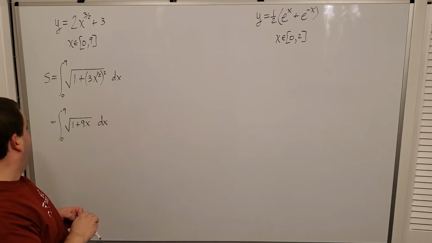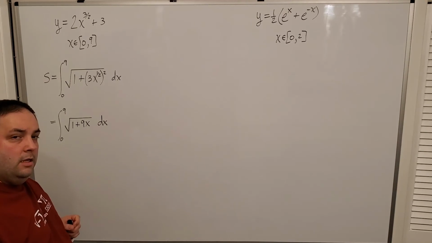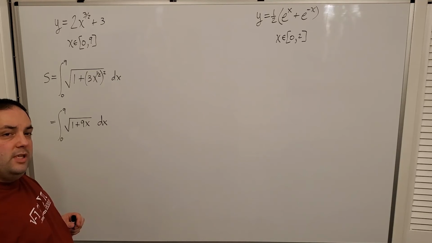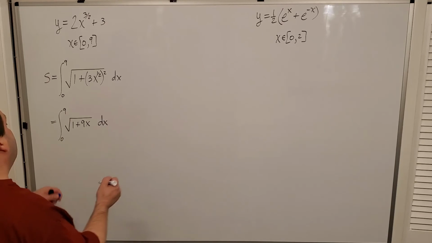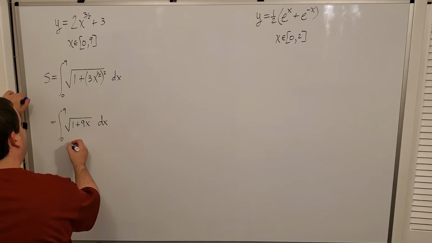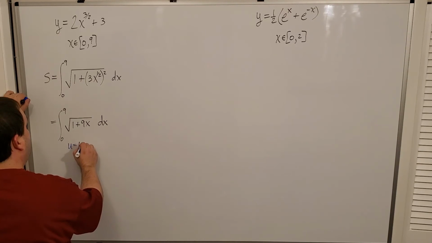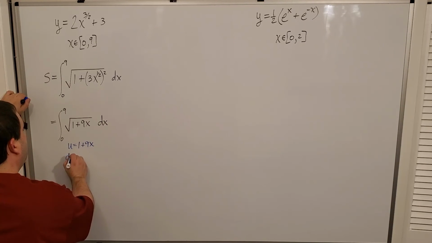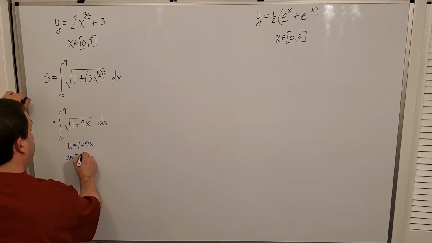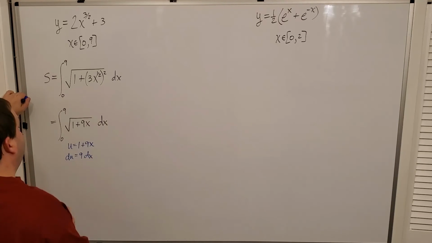Well, I can't just outright do that one, can I? I'm going to need to use a u substitution. So let's do that. I am going to let u equal 1 plus 9x, which means du is going to have to equal 9 dx.